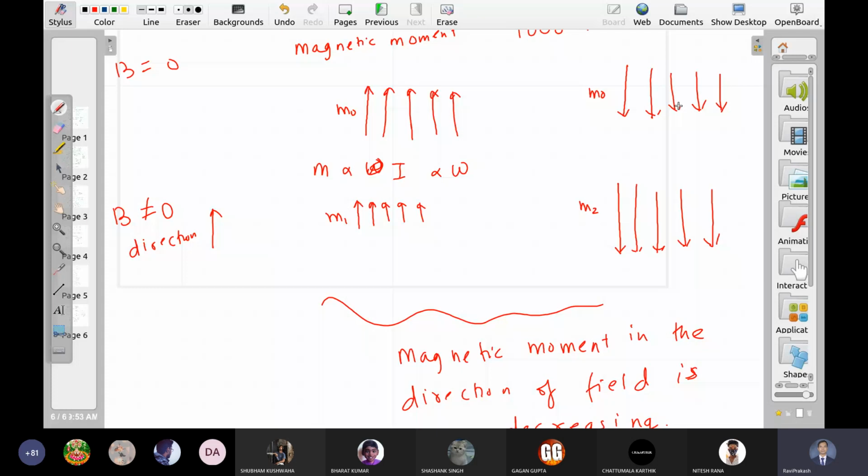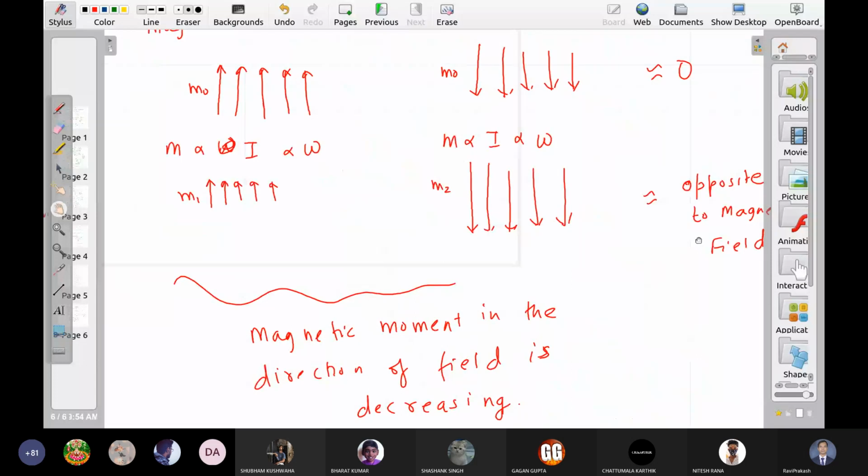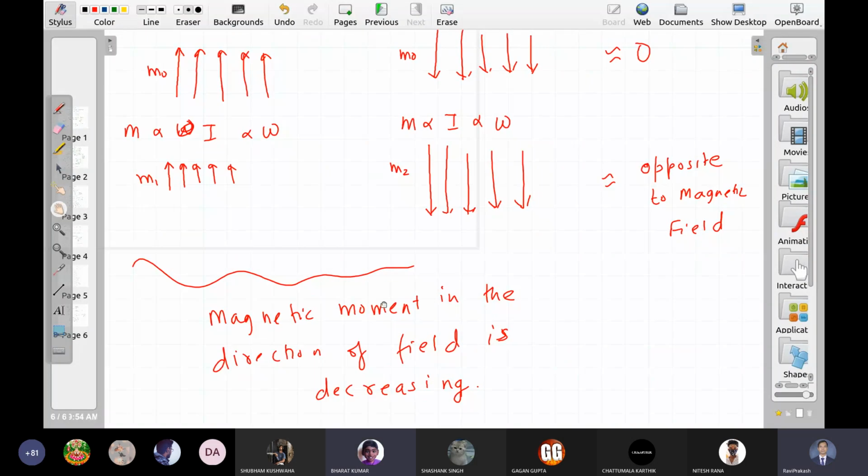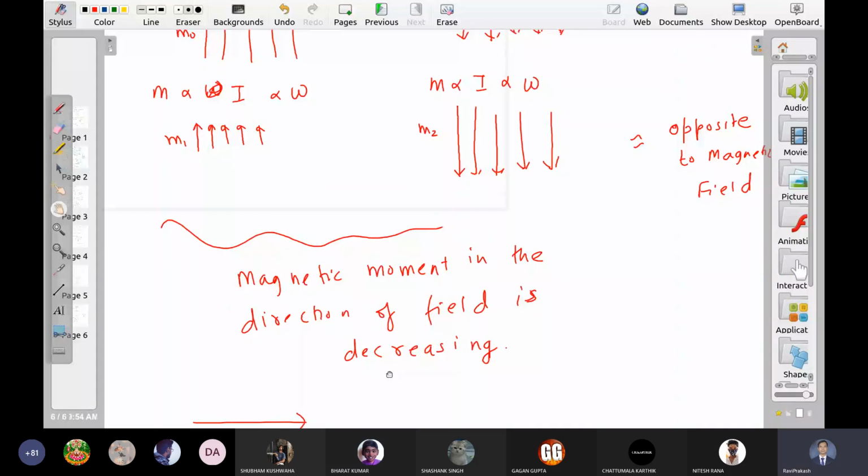Why? Because again, for these electrons, since the centripetal force is more, they get higher velocity. What is the overall sum now? Is it still equal to 0? No, sir. And you can see the net direction is opposite to the magnetic field, right? So that is the reason that a diamagnetic material produces an opposite magnetic field.